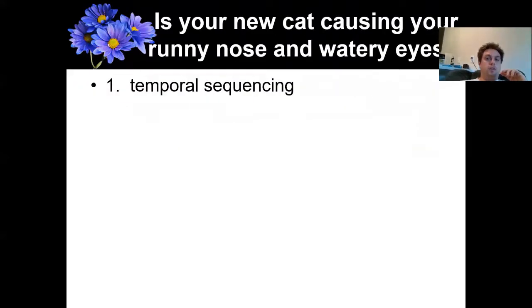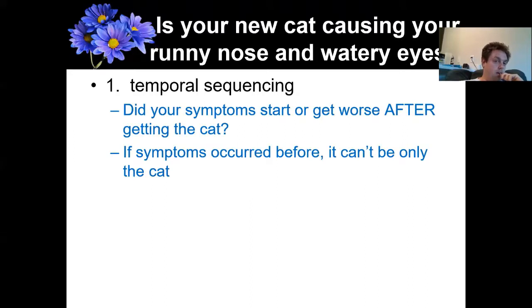Okay, so let's look at one more example. Let's say you get a new cat, and you start to have a runny nose. At some point, you're having a runny nose and watery eyes, so allergy symptoms. Well, is temporal sequencing going on here? It could be, right?